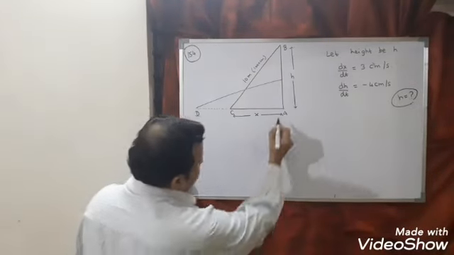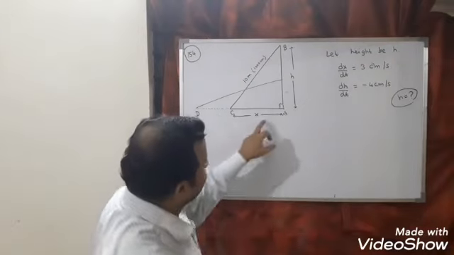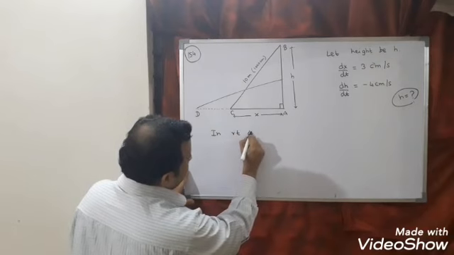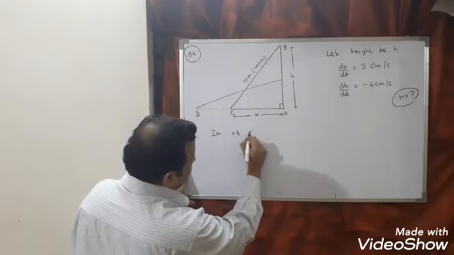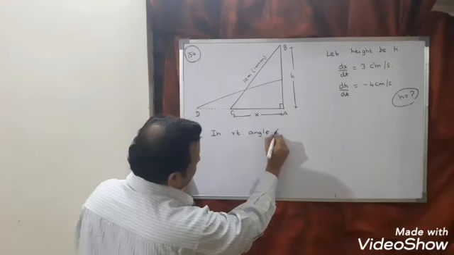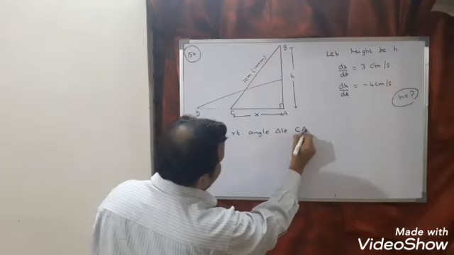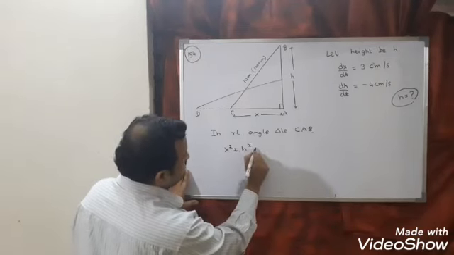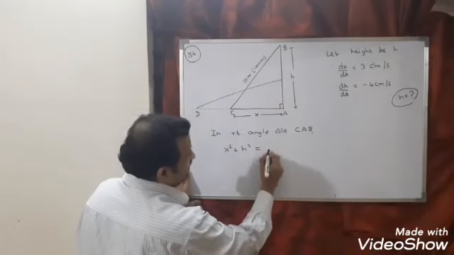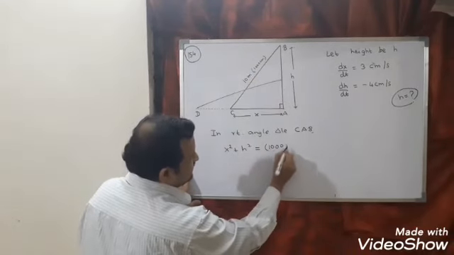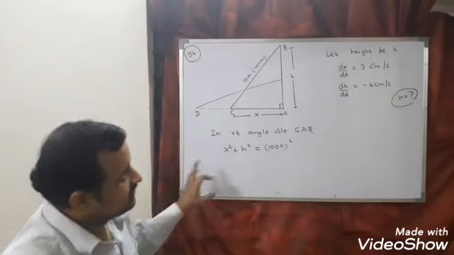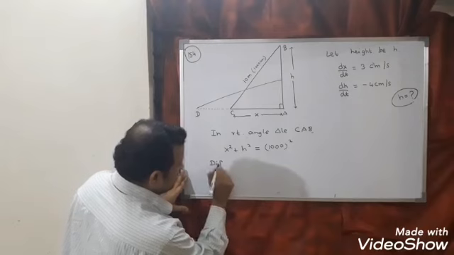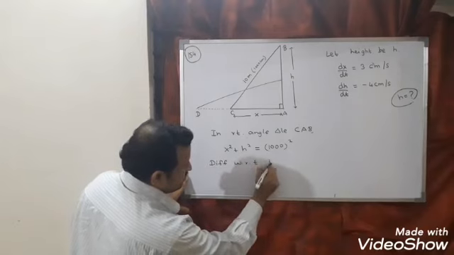Now look here. You can see this is a right angle triangle and we can use the Pythagoras theorem. So in right angle triangle CAB, x square plus h square is equal to the square of 1000. Now I differentiate both sides with respect to t.